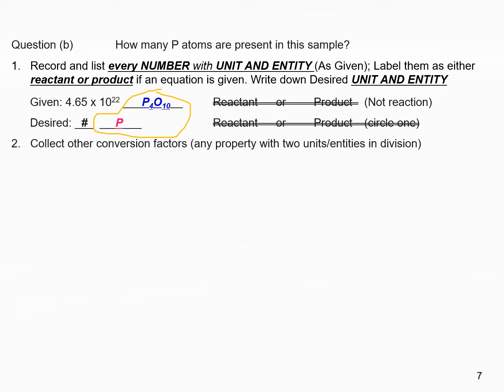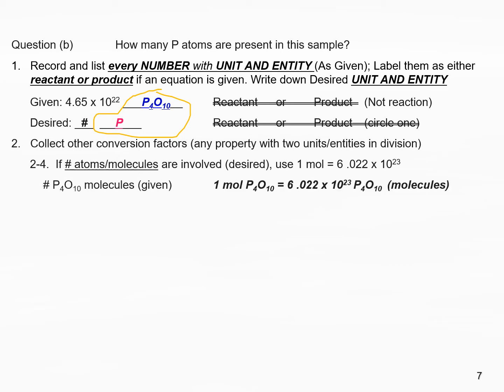As we move on to the second step, collect the information. We can pretty much skip the rest of the steps, because the only step that applies is if numbers of atoms or molecules are involved, since they both are given and desired. So we can write our first conversion factor: 1 mole of P4O10 equals 6.022 times 10 to the 23rd P4O10 molecules.